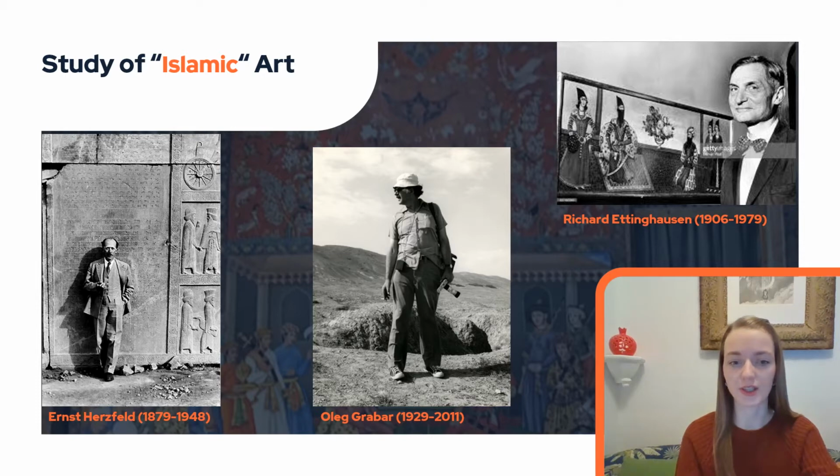Another means of classification is the division into different reigning dynasties, like the Umayyads or Abbasids, the two earliest Islamic dynasties. But these often focus on masterpieces and top-down processes, meaning that artistic changes were seemingly generated from the ruling elite.